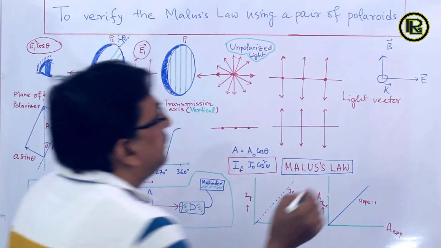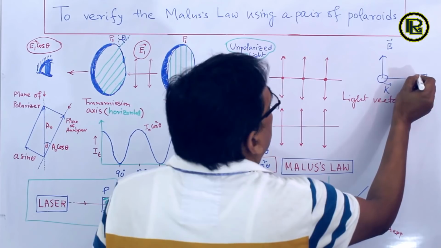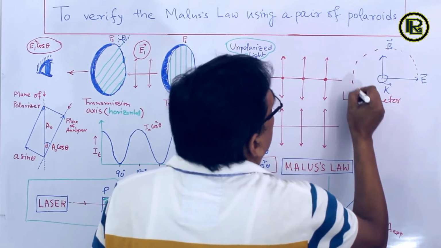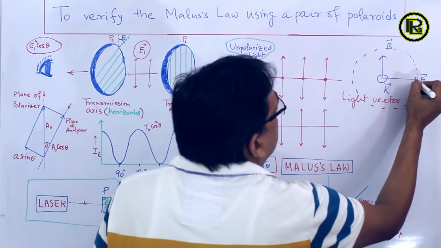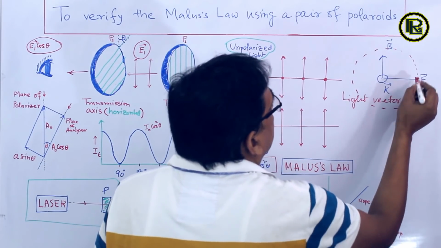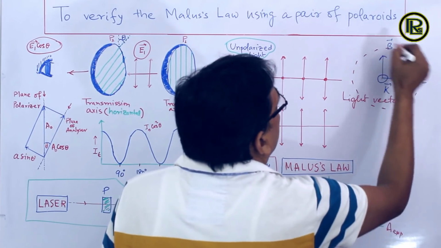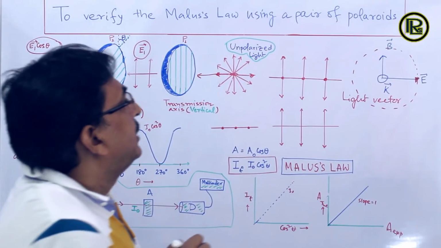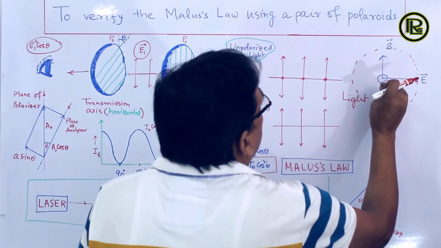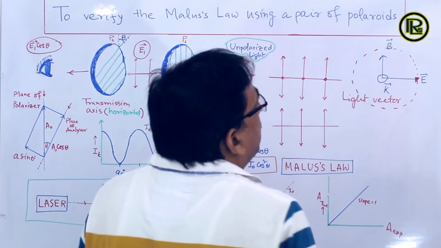And if this E vector rotates on a circle, that means the tip of this E vector or the light vector, if it traces a circular path, that means it is vibrating and at the same time it is rotating.